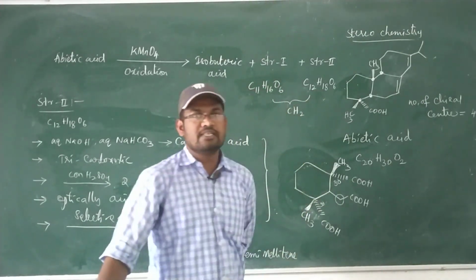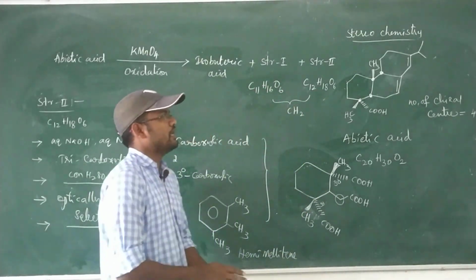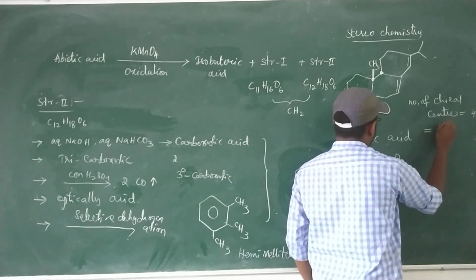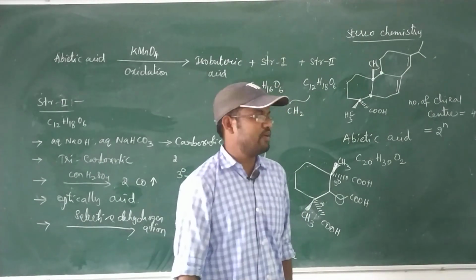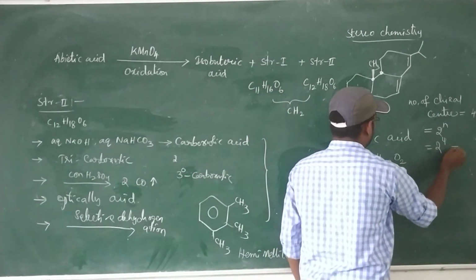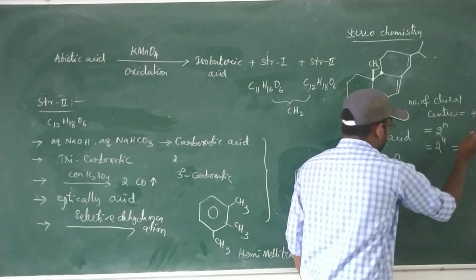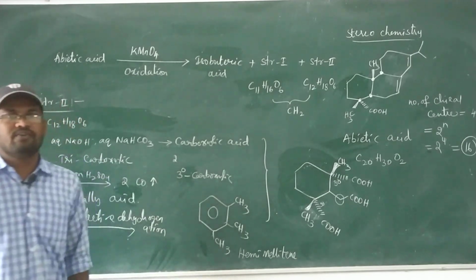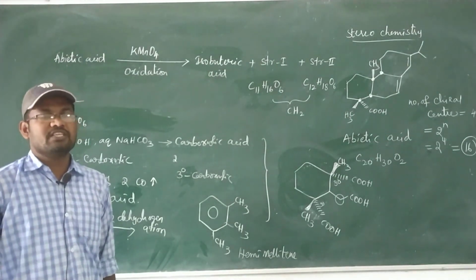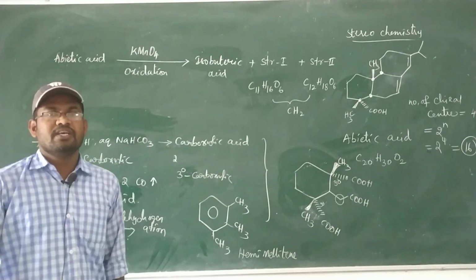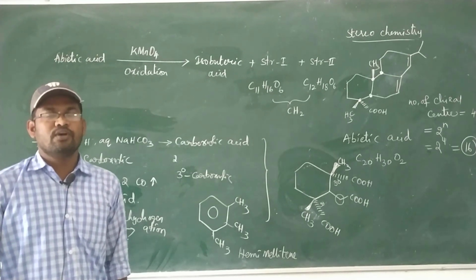From the number of chiral centers, we calculate the number of stereoisomers using the formula 2 to the power of n, where n is 4. 2 to the power of 4 gives 16. Abietic acid has 16 stereoisomers. So this is the stereochemistry of abietic acid. Structure determination and stereochemistry of abietic acid is completed. In the next class, we will discuss structure determination and stereochemistry of cholesterol.